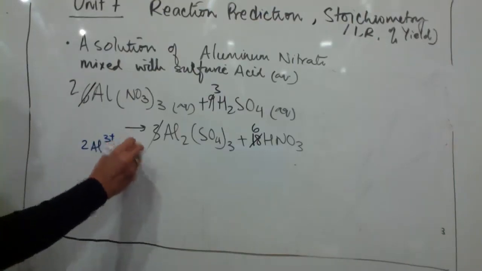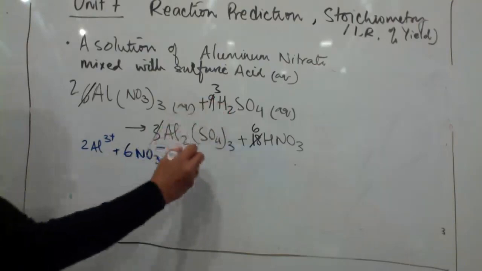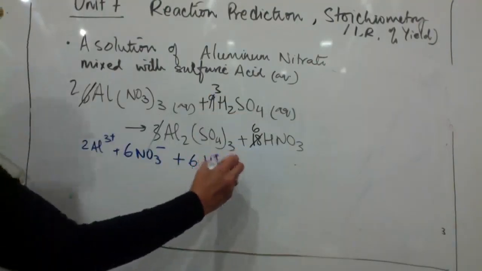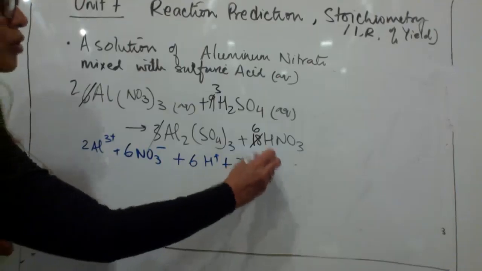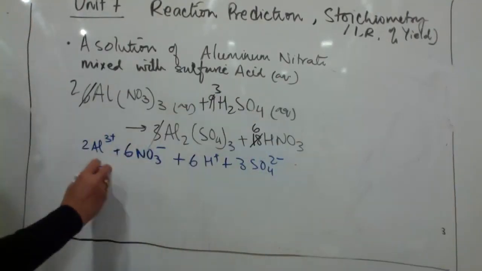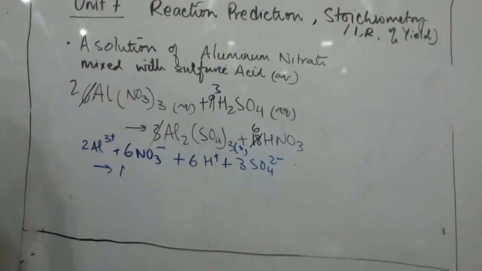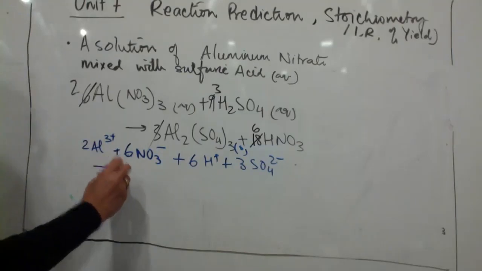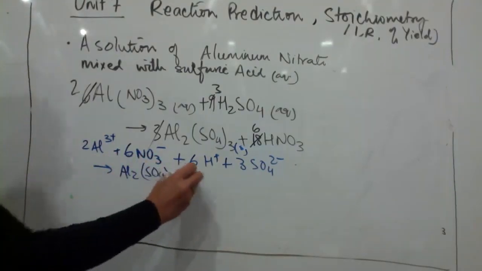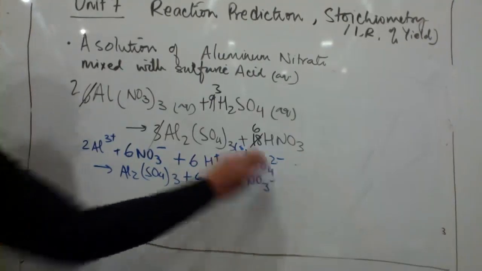So that will be 6 NO3-, plus 3 times 2, 6H+, that dissociates because it's a strong acid, plus 3 SO4 2-, because this is the charge of this, gives you, now this is a precipitate. They'll have to give you that. You wouldn't know it. So we will not dissociate it. Al2(SO4)3 plus 6H+ plus 6 NO3-.